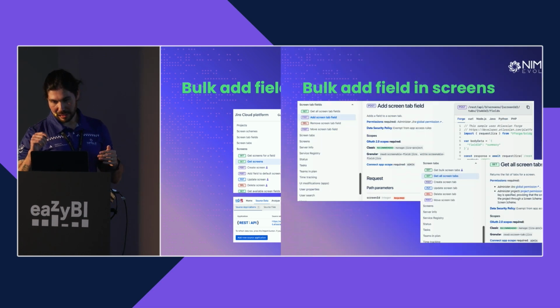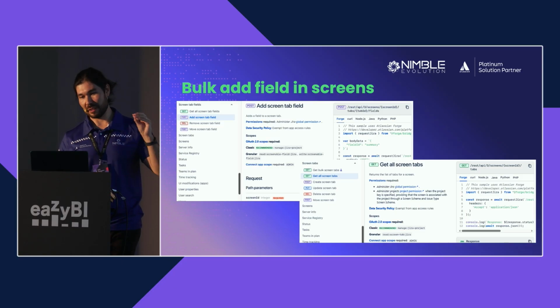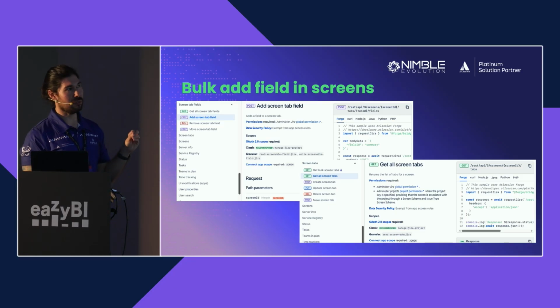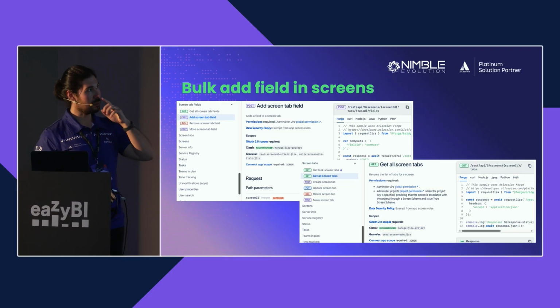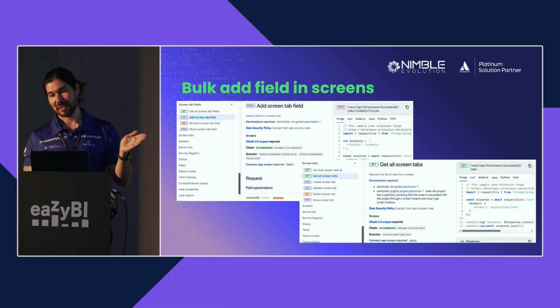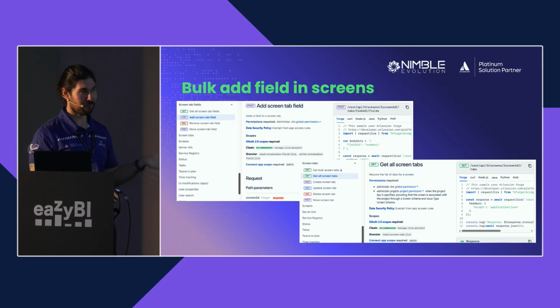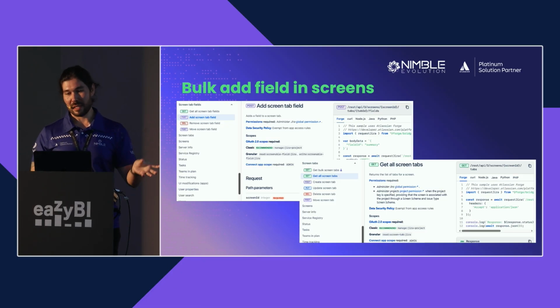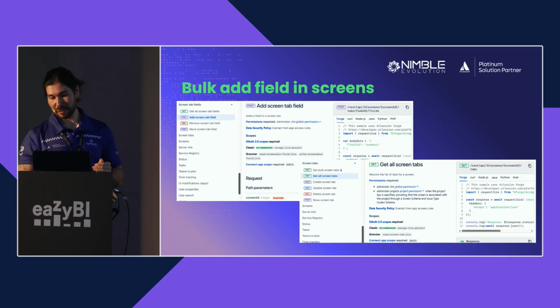But to add a field into a screen, you need to specify the tab that you need to add that field. So there's also another endpoint where you can get all the tabs from a specific screen. And then having the ID of the tab and the ID of the screen, you can add the field.